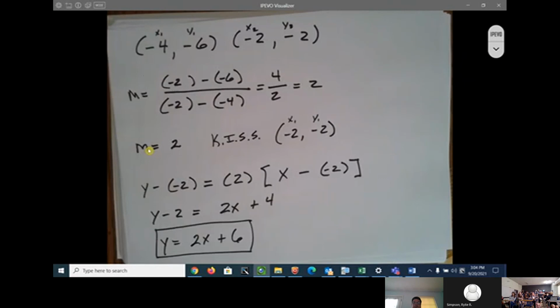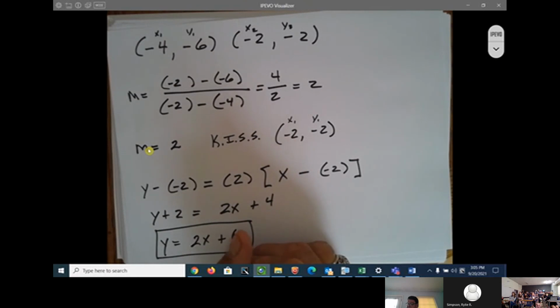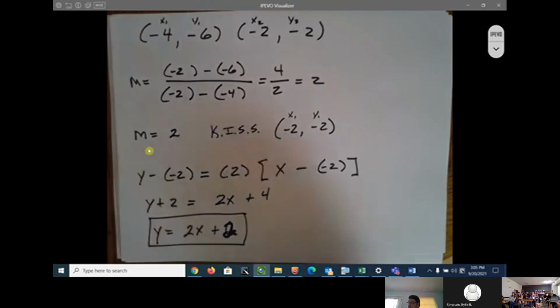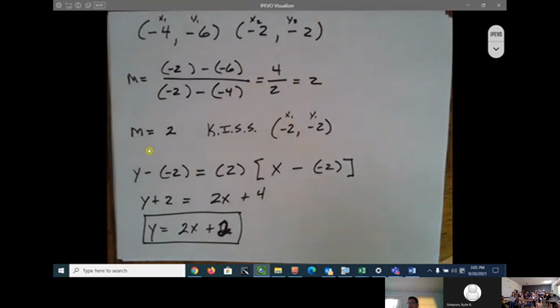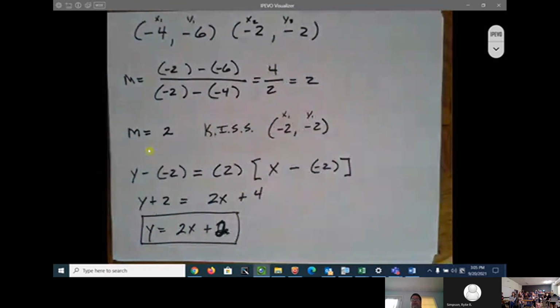Wouldn't it be y plus 2? Yes, you're right. Thank you. The negative, yeah, thank you. 2x plus 2. I made a mistake. And I have parentheses, and I still made a mistake. But we understand you don't need parentheses because you know more than I do.